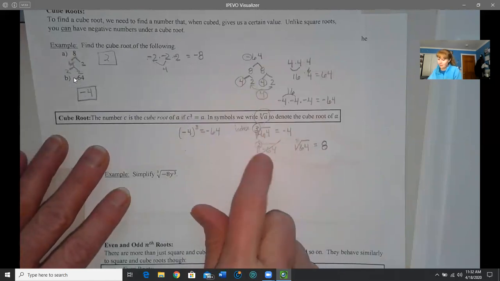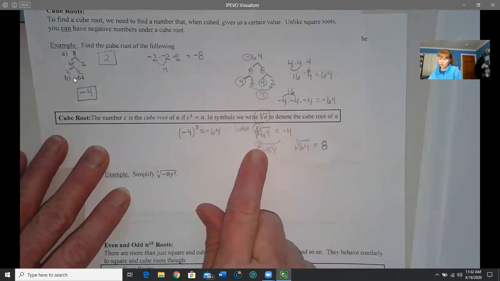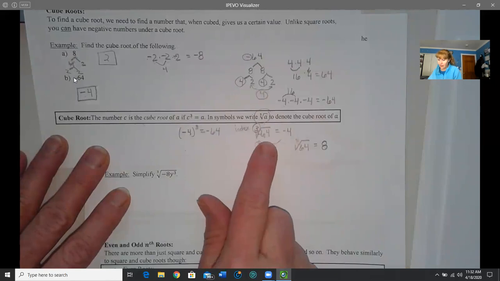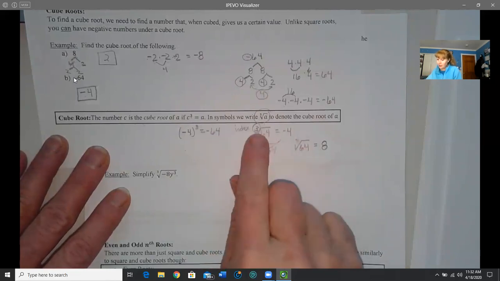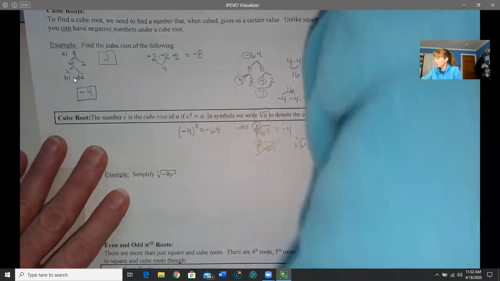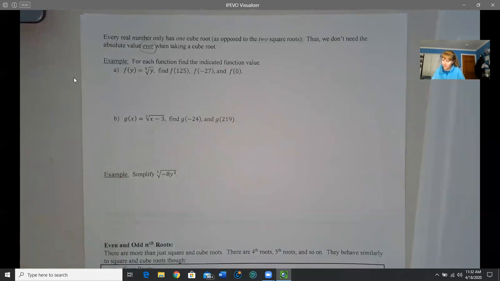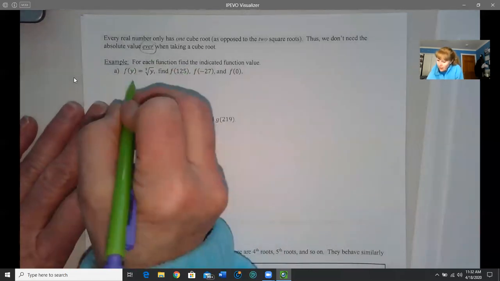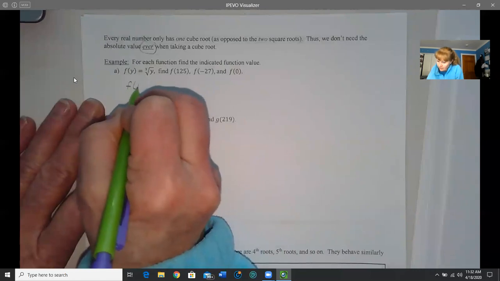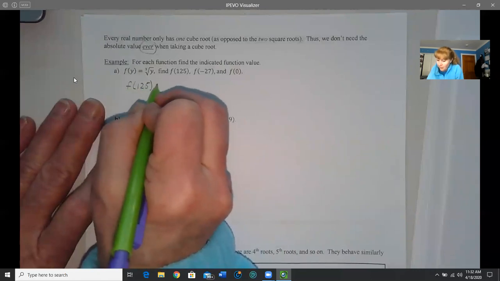So if that's an even number like this one, you need absolute values, unless they limit it and use the radical sign and limit the domain. But here, if it's odd, you can have negatives, and you don't need the absolute value signs. Okay, let's go ahead and go through this. Let's work with some cube roots. And there are some of these you guys may want to memorize.